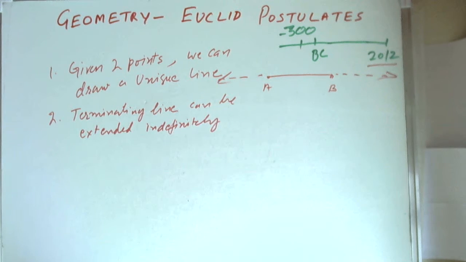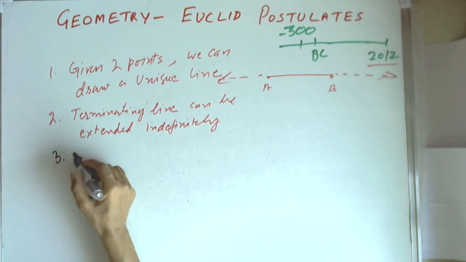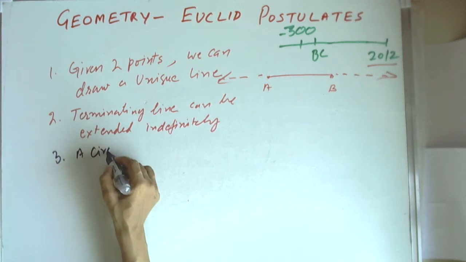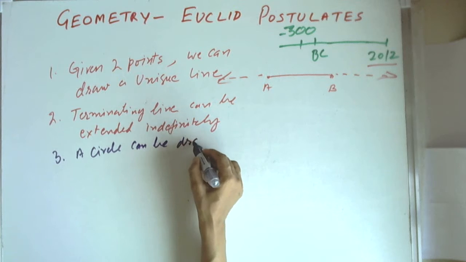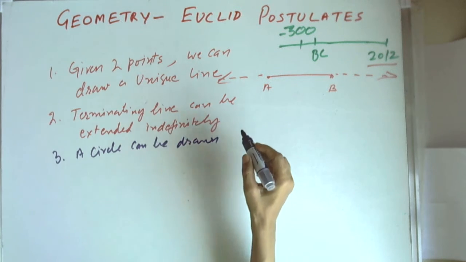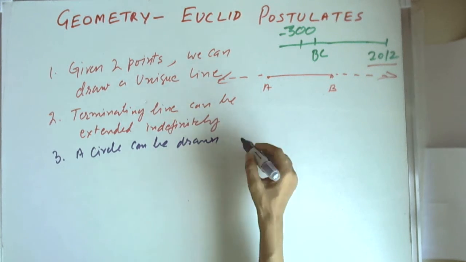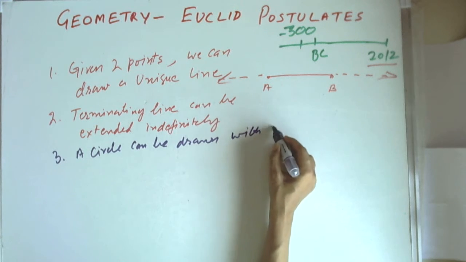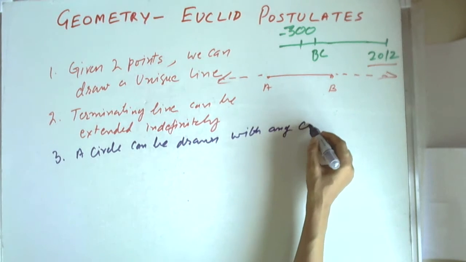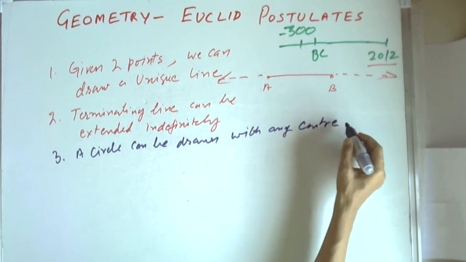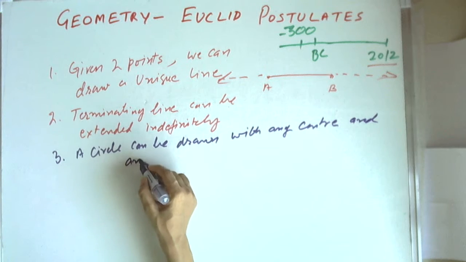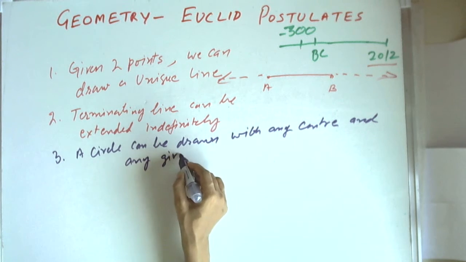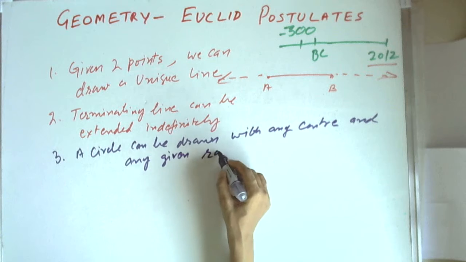Then the third postulate is a circle can be drawn with any center and any given radius.